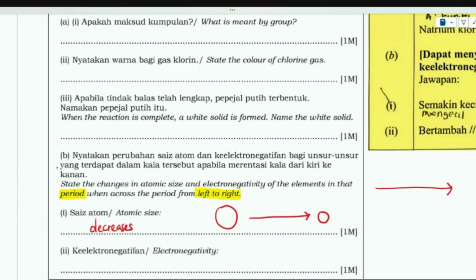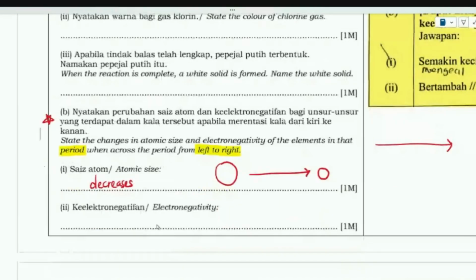Why does it decrease? Okay, I already discussed it in the quiz. If you still cannot remember, copy it a few times. Okay, for the explanation, 3 points. Okay, next, electronegativity.